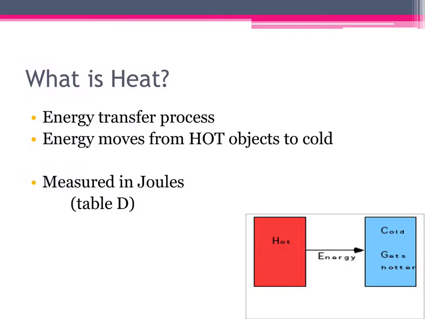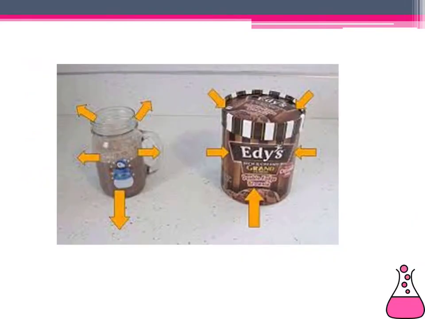Table D shows me the units for my most common measurements in chemistry. So again, heat is always an energy transfer from a hot object to a colder object, and that colder object will get hotter as long as those two things stay in contact with each other until they reach the same temperature, and we'll call that a thermal equilibrium.